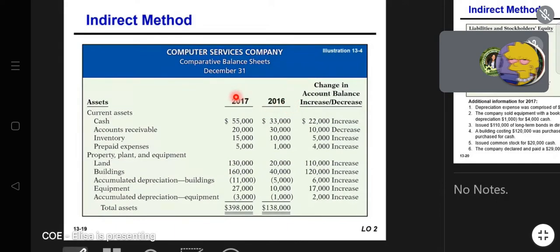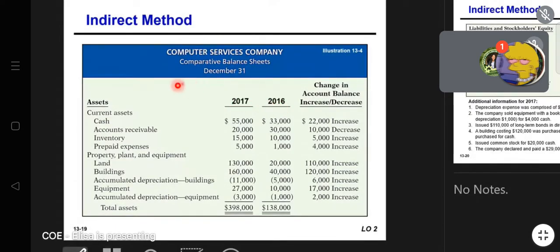Always when you prepare the comparative, the first column should always be your current year, and then the next column should always be your prior year. Okay? So, computer services, comparative balance sheets, December 31, 2017 and 2016.